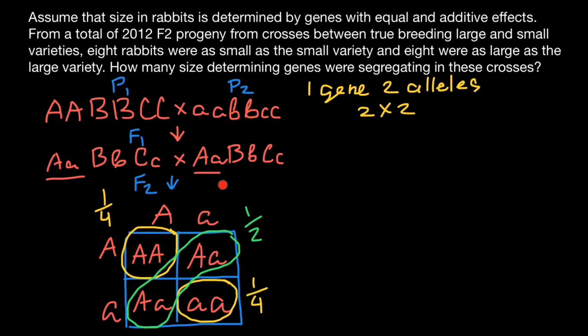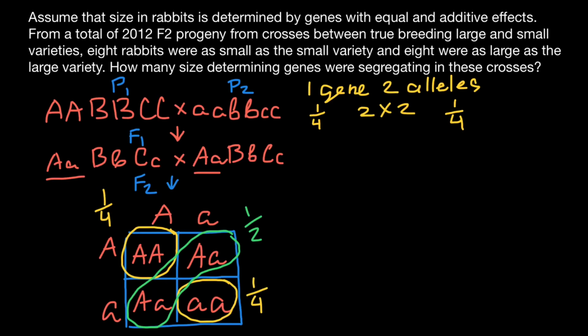So I am describing this model: one gene, 2 alleles. And the extreme phenotypes, extreme tall and extreme small, are going to be 1/4 and 1/4.